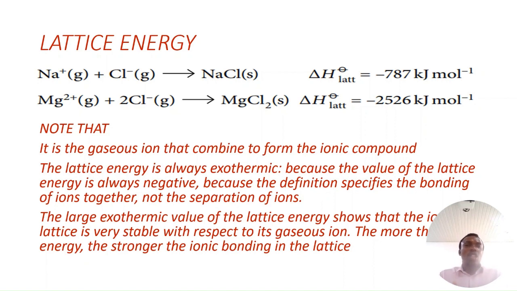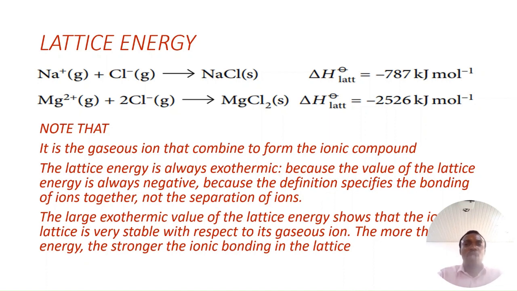Now, the value of the lattice energy shows how stable the ionic compound is and how strong the ionic bond is in that compound. You can see that magnesium chloride is more stable than sodium chloride, because magnesium chloride has a larger exothermic value of lattice energy compared to sodium chloride.